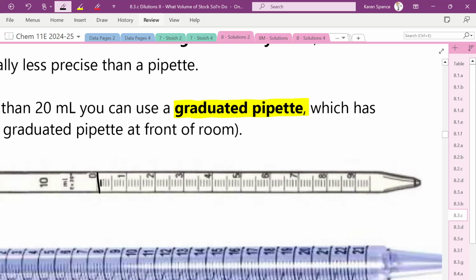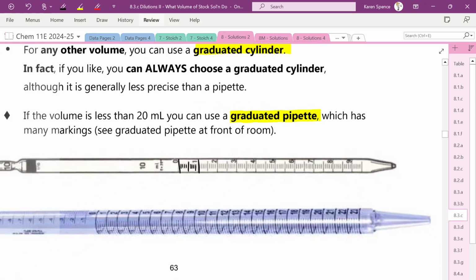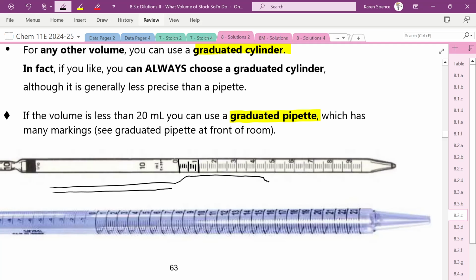It's more narrow and there's no part with a bulge. A volumetric pipette next to this would look like this. This would be skinnier, and then it would have the bulb.